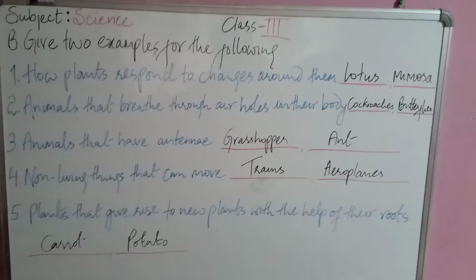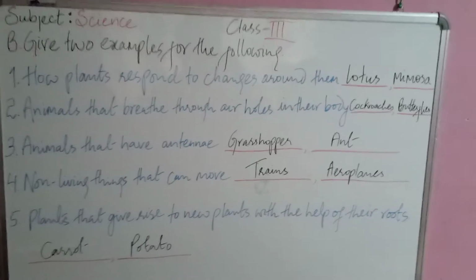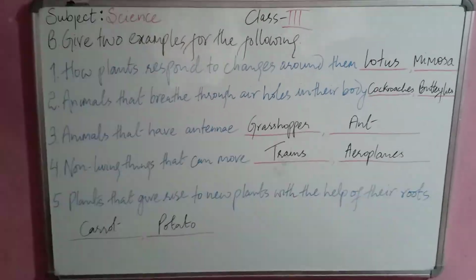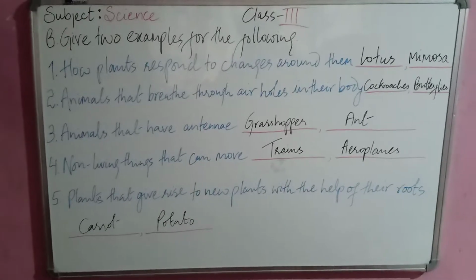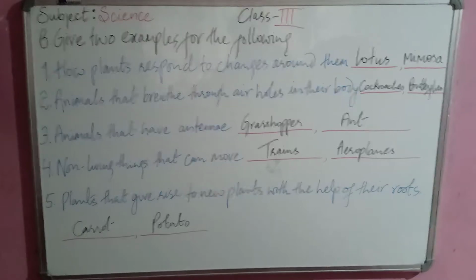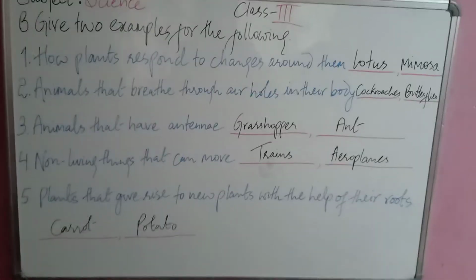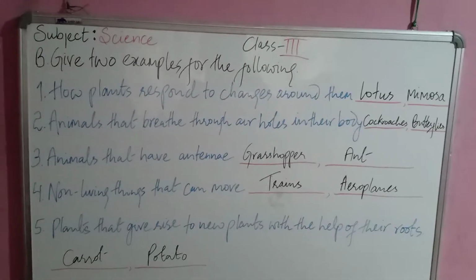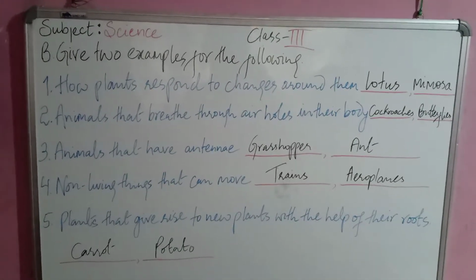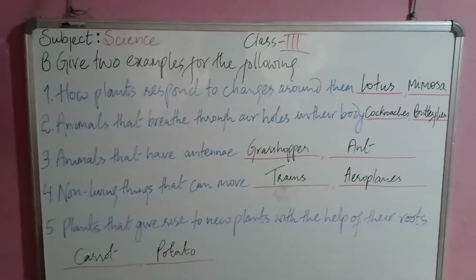So after this we have question B: give two examples for the following. So the first question we have is how plants respond to the changes around them. So you have to write plants like lotus flower open out at sunrise and close at night.